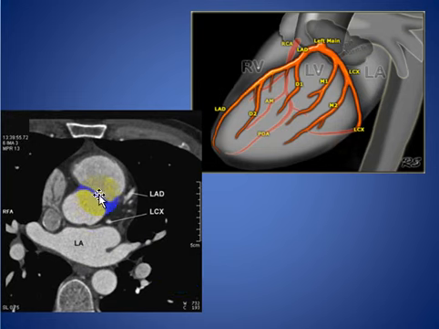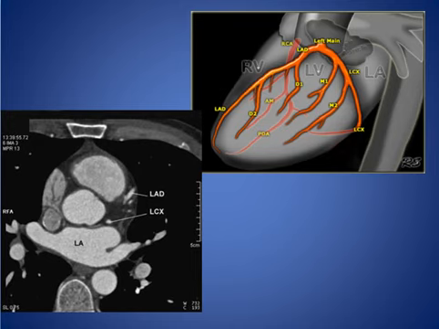The circumflex artery is in the left AV groove between the left atrium and the left ventricle and supplies the vessels of the lateral wall of the left ventricle, and has its branches called obtuse marginal, numbered M1, M2, etc.